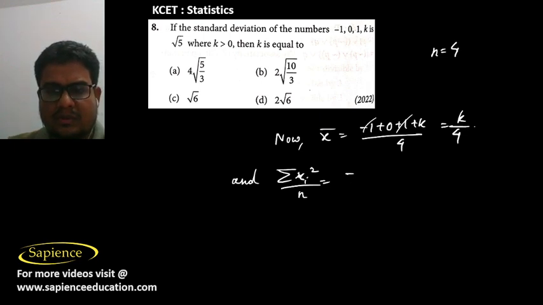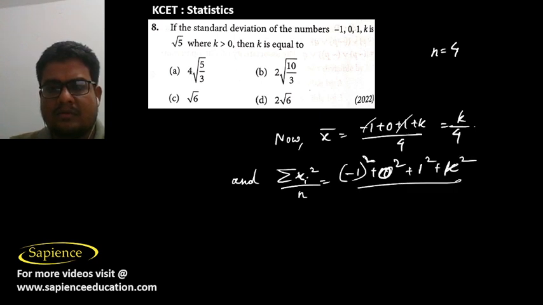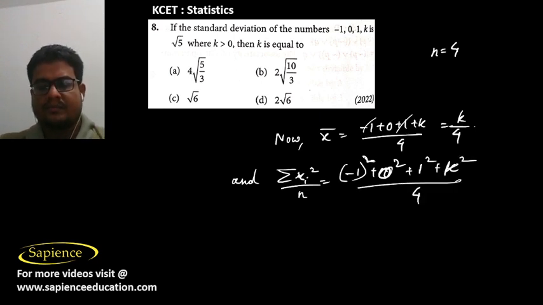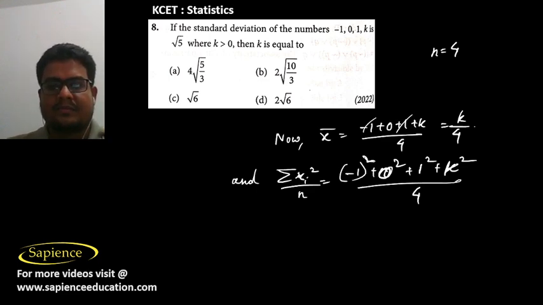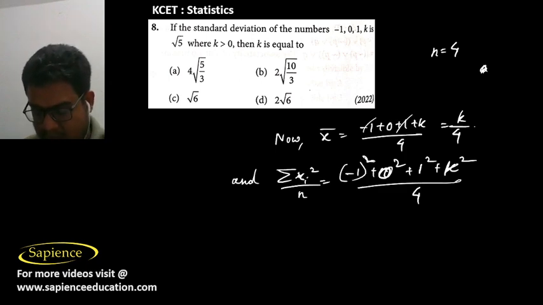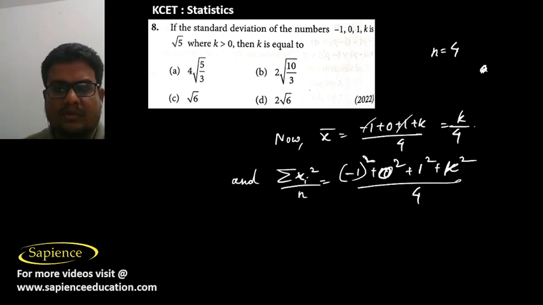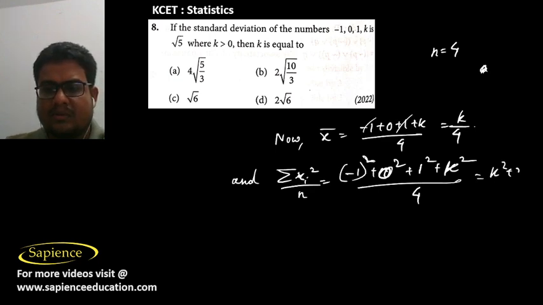Summation xi square is minus 1 whole square plus 0 square plus 1 square plus k square divided by 4. It's 1 square plus 1 square plus k square divided by 4, so that will be k square plus 2.